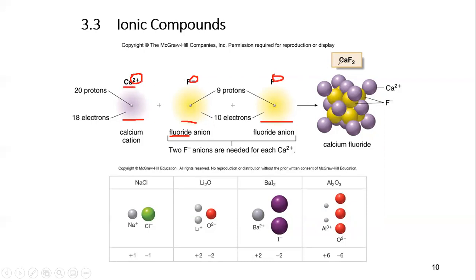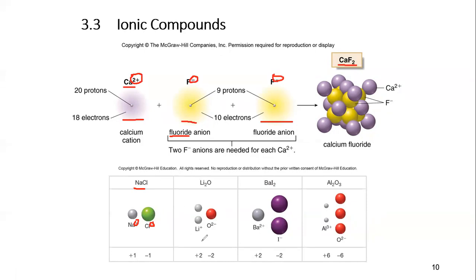So that's where we get the formula CaF2. And again, the cation is always listed first. The anion is always listed second. If we look at NaCl, sodium has a +1, so we only need 1 chloride to balance the charge, and that's where we get NaCl.